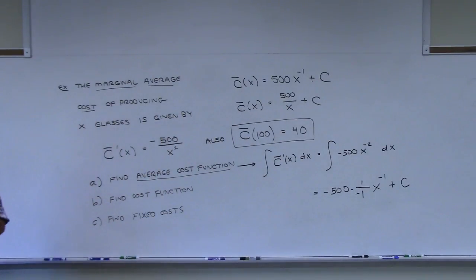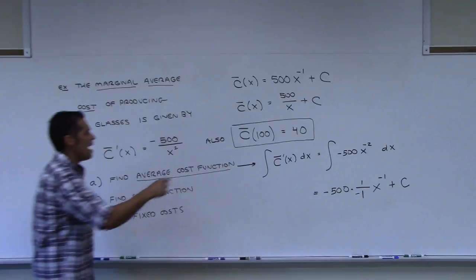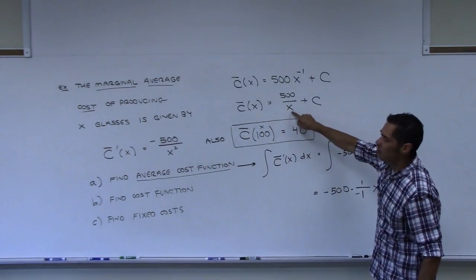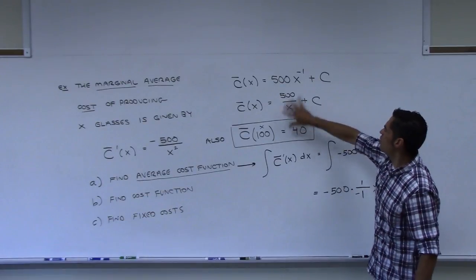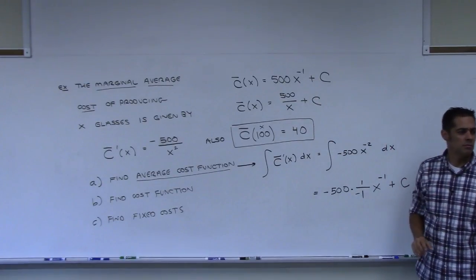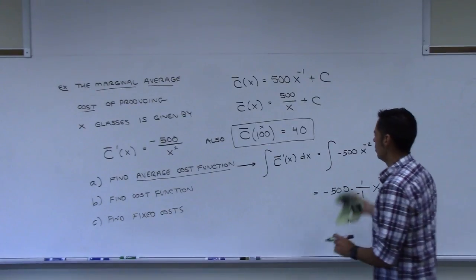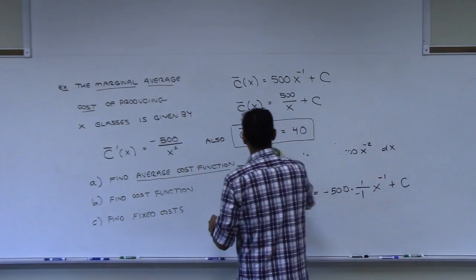They tell us, look, the average cost at x equals 100 is 40. That means that if I replace my x with 100 right here, this should spit out 40. Let me write that down. I'm still in part A here.